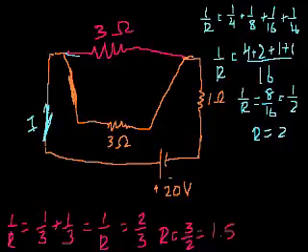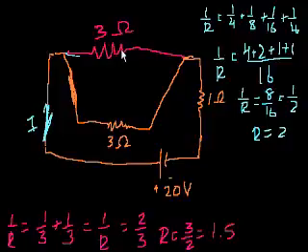So let's erase that and simplify our drawing. A 3 ohm resistor in parallel with another 3 ohm resistor is equal to one resistor with a 1.5 ohm resistance.